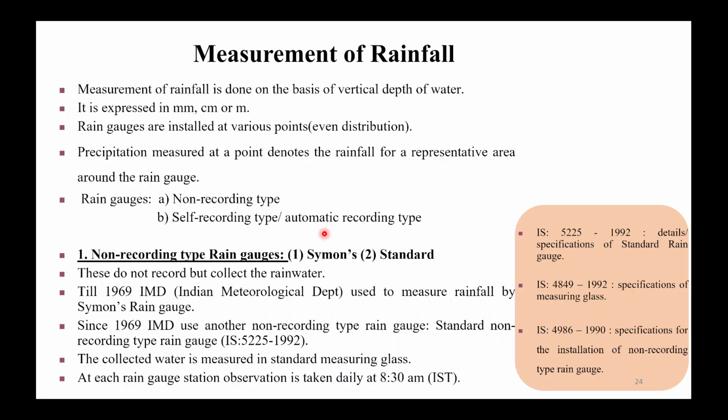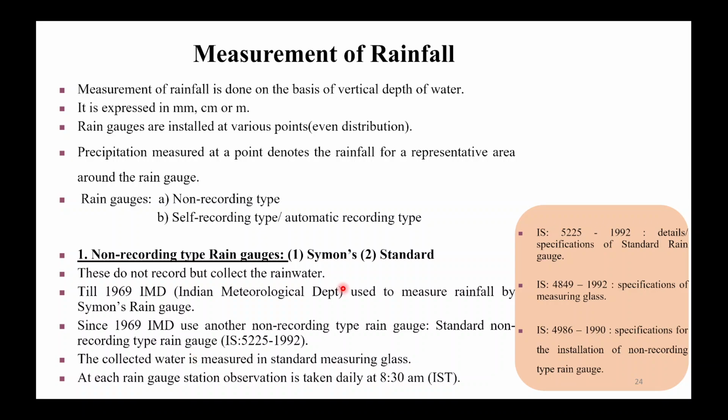Since 1969, post independence, the Indian Meteorological Department has developed some improvements to the Simon's rain gauge, and that is what has been used since 1969, and it was developed with the help of the ISI, the Indian Standard Institution also. So you'll find it in all the IS codes, how to design, what are the specifications you can find.